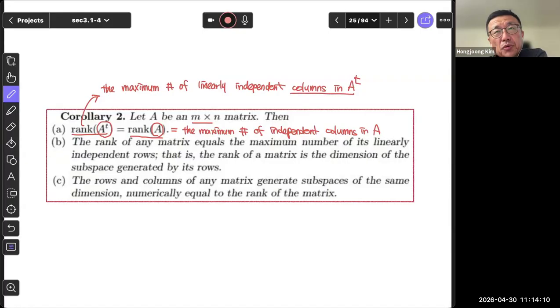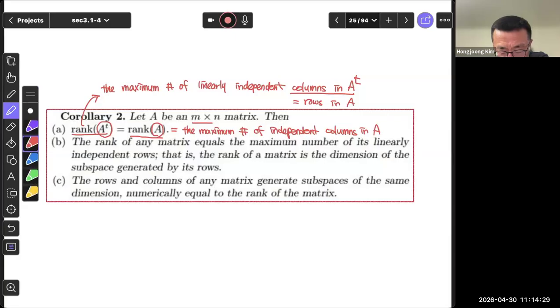Columns in A transpose will be the same as the rows in A matrix. So if the transpose does not alter the rank, then the rank of A will be the maximum number of linearly independent rows in that matrix, right? So that is the statement B. The rank of any matrix will be the maximum number of linearly independent rows.